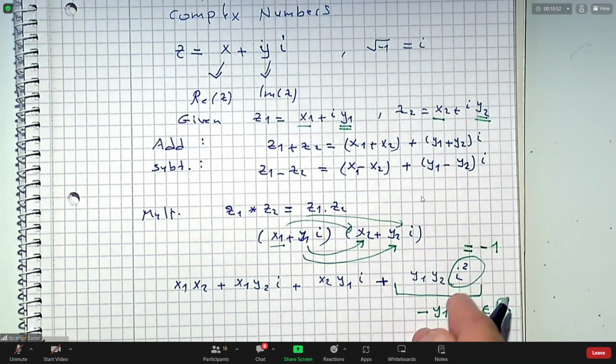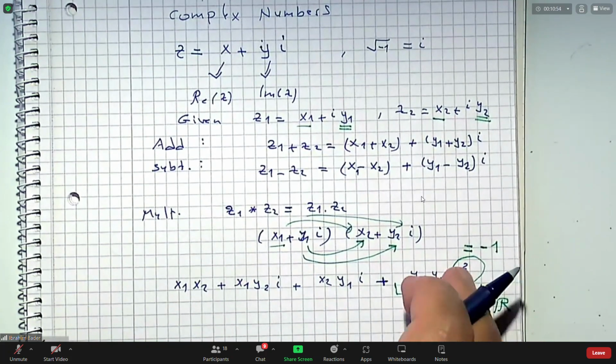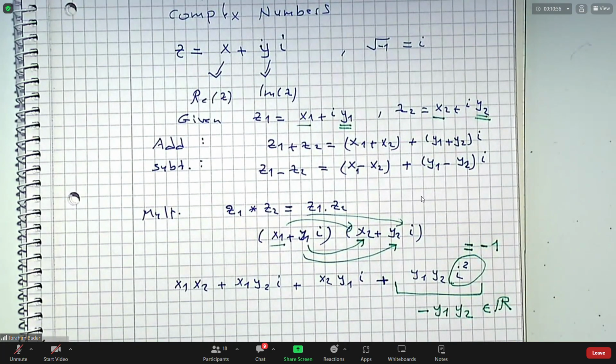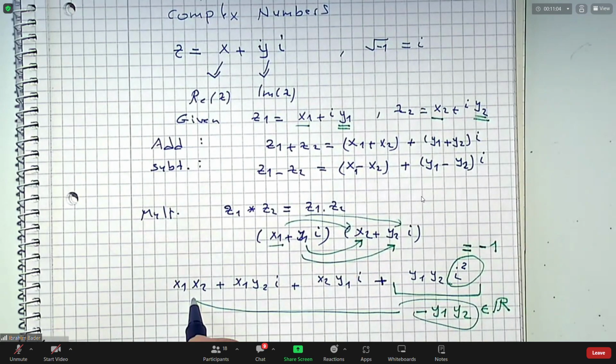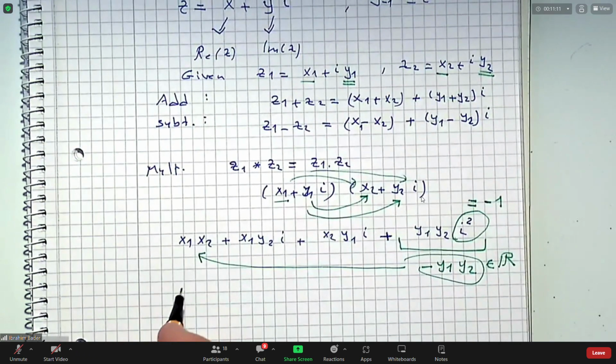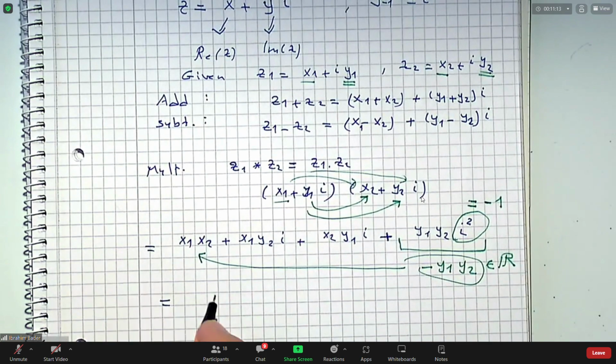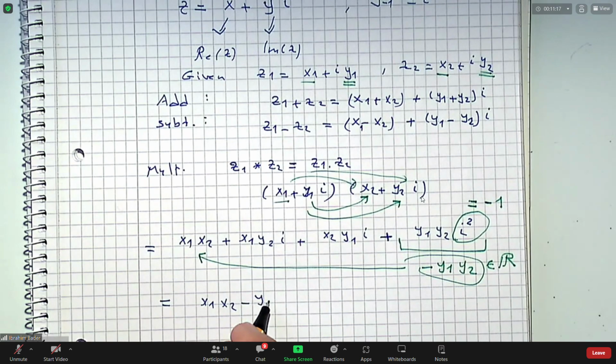This is important. So even though I'm multiplying two complex numbers here, I get a real number, and this goes to this part here. So if we group these, the multiplication becomes x1 x2 minus y1 y2.